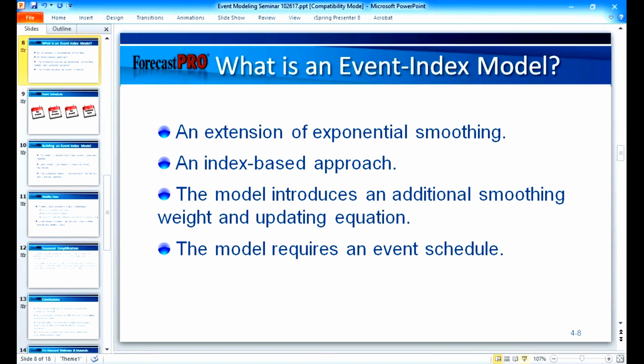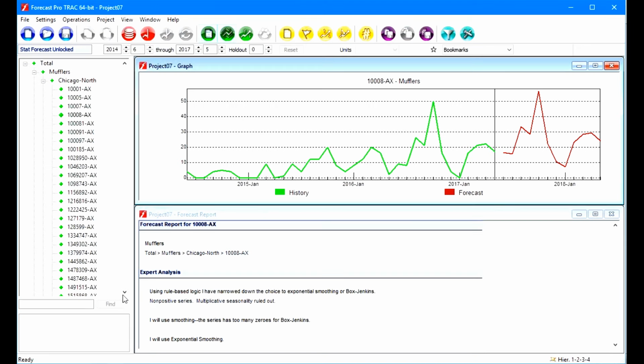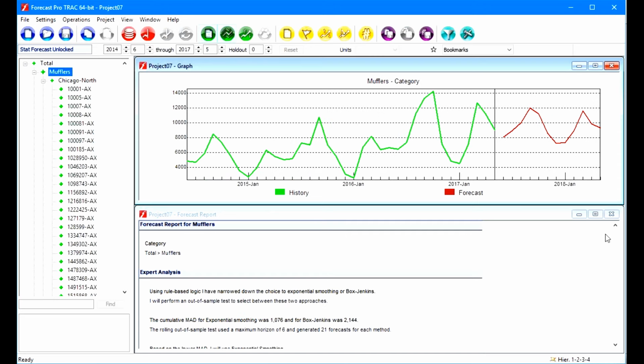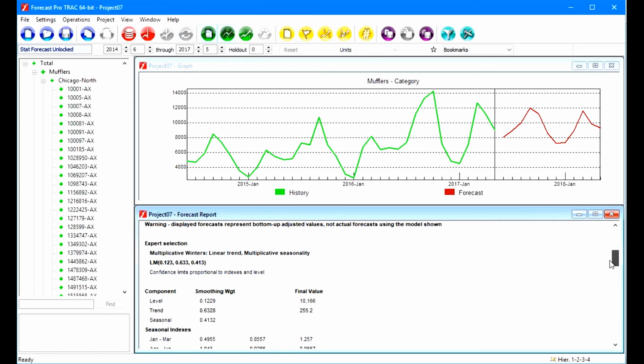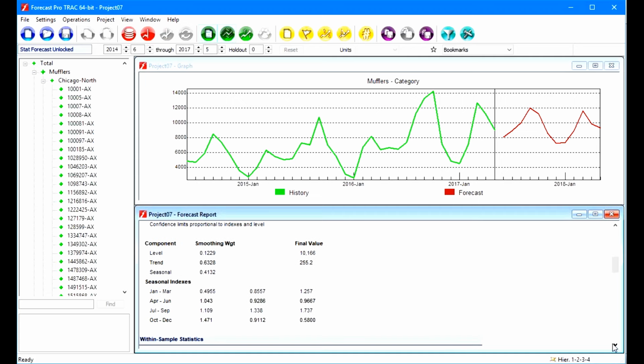And as a quick example of some of these indexes, I'm going to jump back to our example here, our auto parts. So what we have here is a multiplicative Winters exponential smoothing model. And at the bottom, you can see these seasonal indexes that come out of it.